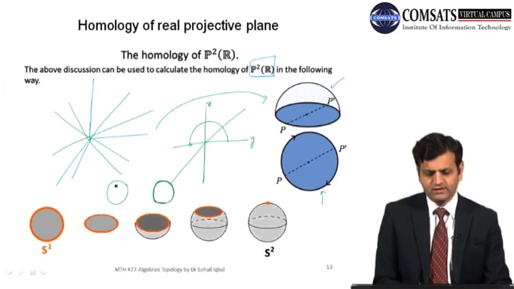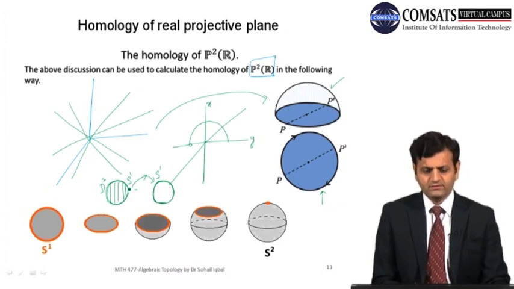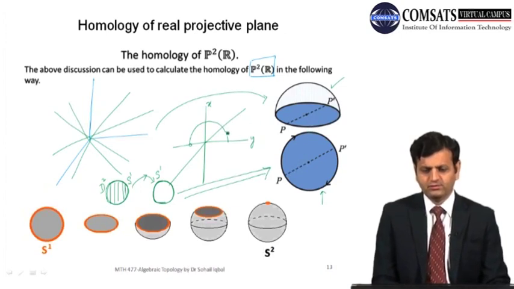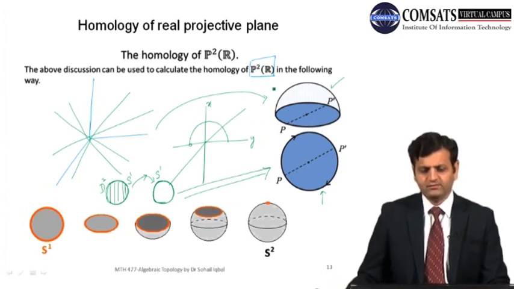This circle is basically the boundary of the disk D2. So I'm defining a map from the boundary of this disk D2, which is S1, to another circle S1. If we have a continuous function from this S1 to this S1, then I can attach this D2 with S1, and at the end I will get this object, which we have already seen is topologically the real projective plane.